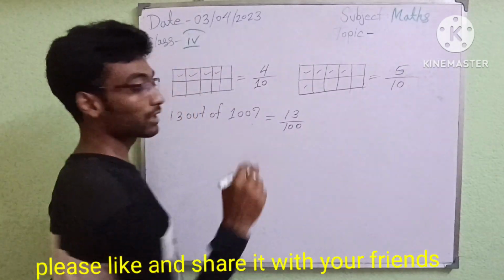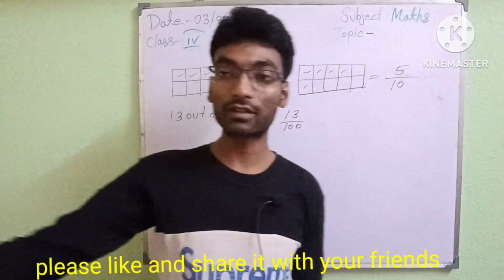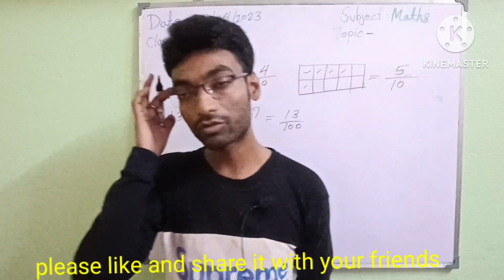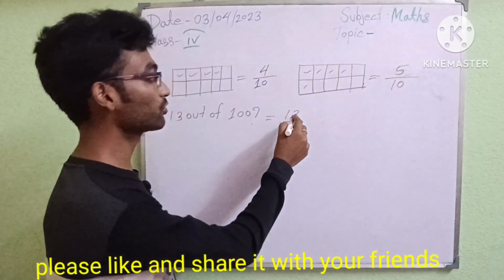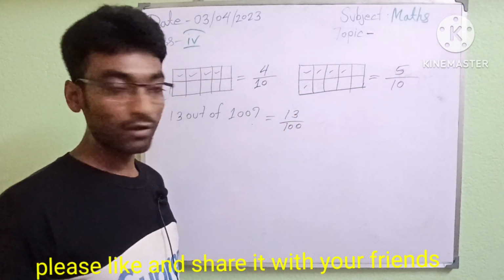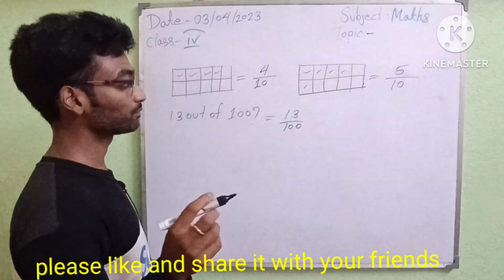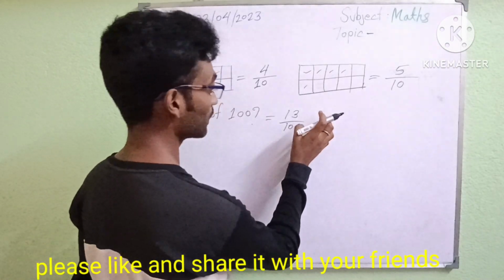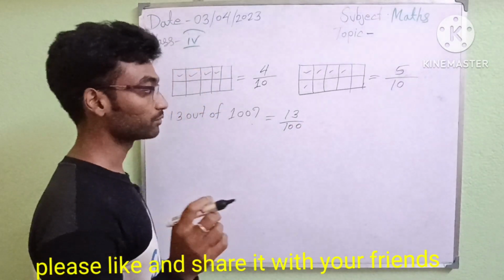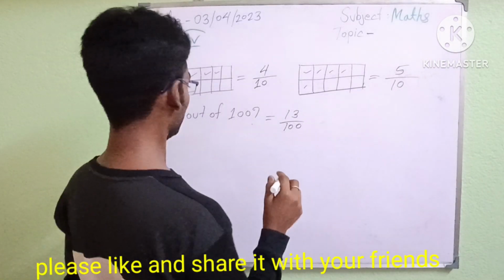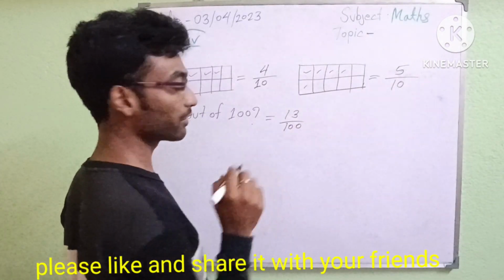That means, just think you are 100 students in this classroom, and within the 100 students, only 13 students have qualified for the final race competition. Okay, then we'll write it as 13 by 100.